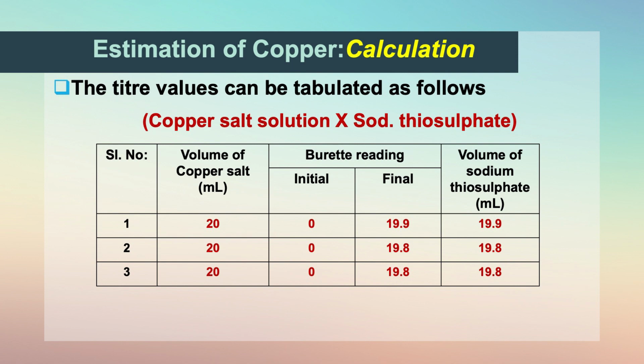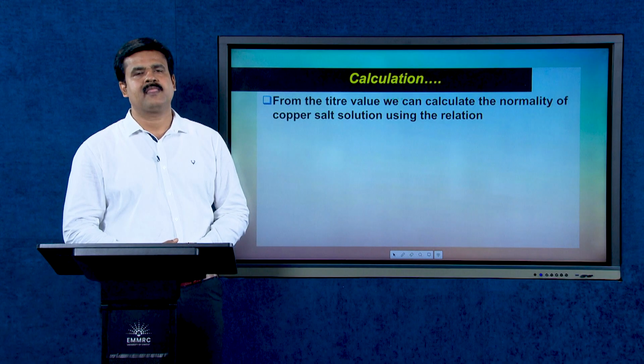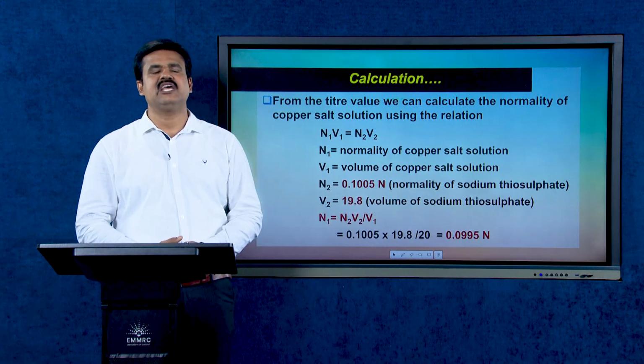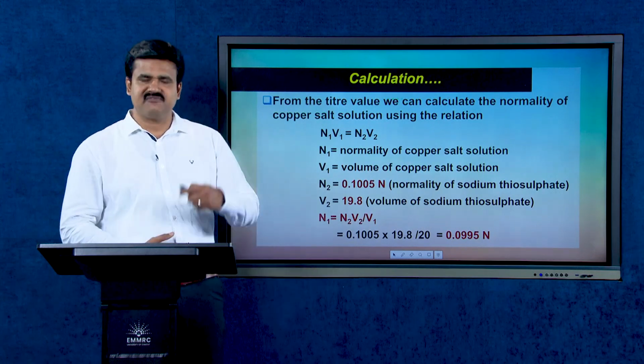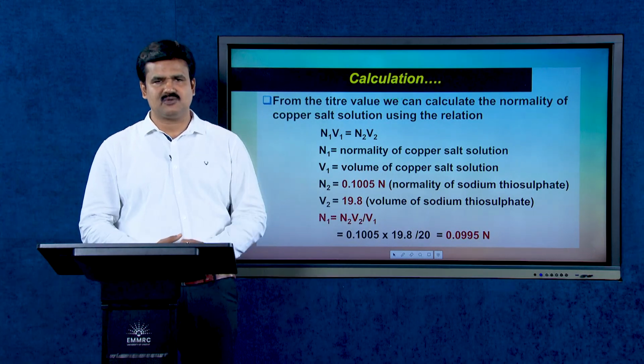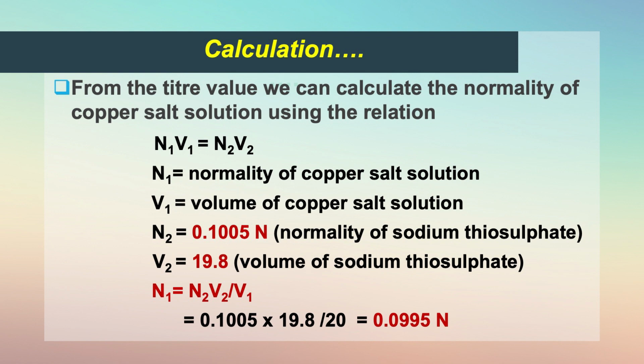It is possible to calculate the normality of the copper salt solution by using the relation N1V1 equal to N2V2. N1 represents normality of copper salt solution, V1 represents volume of the copper salt solution. N2 we already calculated, that is the normality of the sodium thiosulfate that we obtained during standardization.